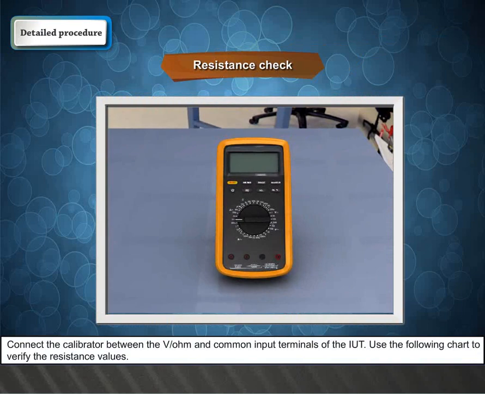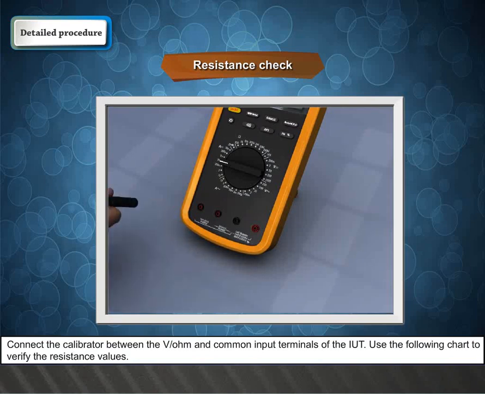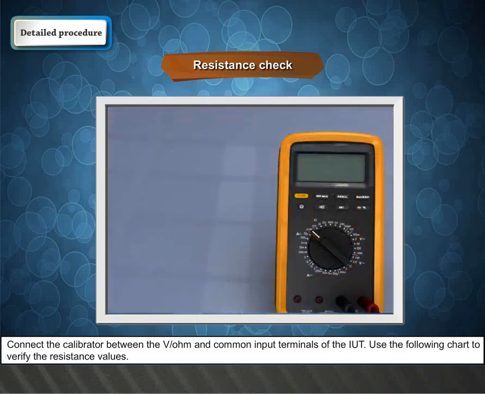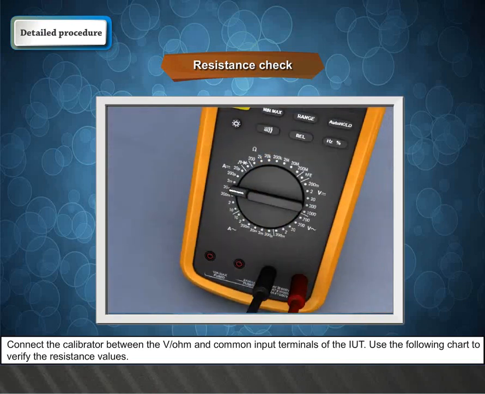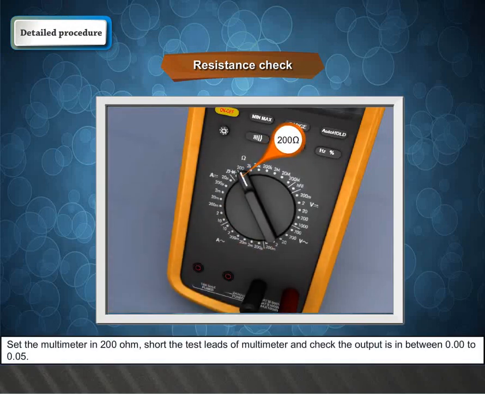Resistance check. Connect the calibrator between the volt per ohm and common input terminals of the IUT. Use the following chart to verify the resistance values. Set the multimeter in 200 ohm.